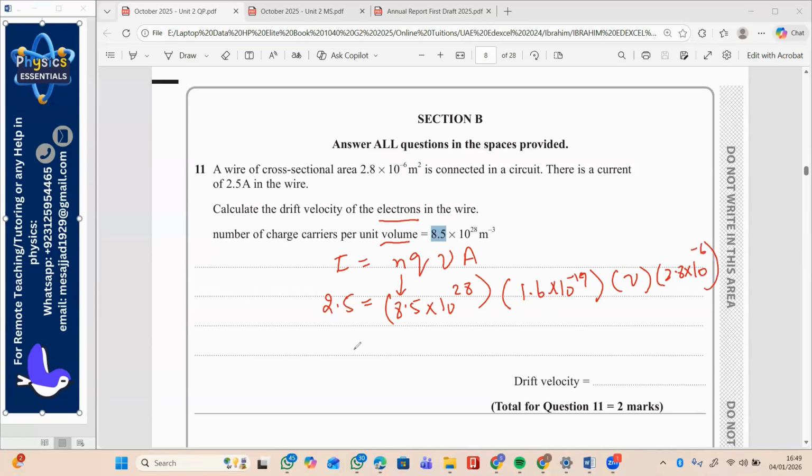So after adjustments and simplifying and calculations, you are going to get the answer as 6.57 into 10 raised to the power minus 5 meter per second.